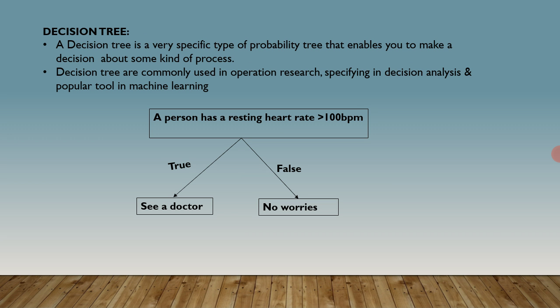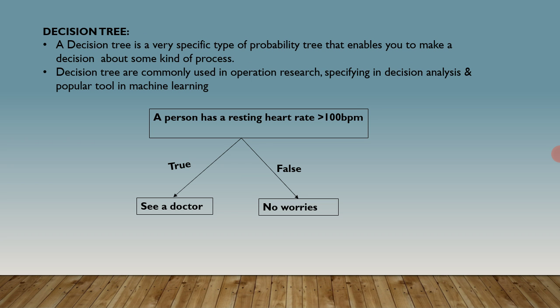Decision trees are commonly used in operations research, specifically in decision analysis, and are a popular tool in machine learning. Machine learning is the concept that a computer program can learn and adapt to new data without human intervention.